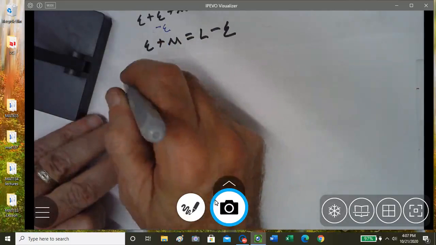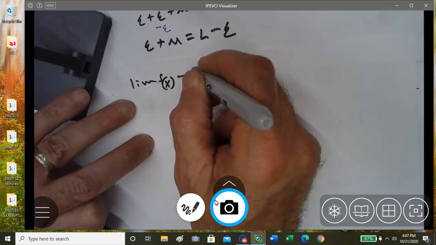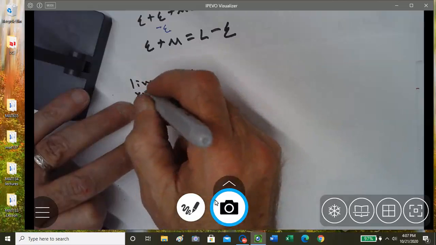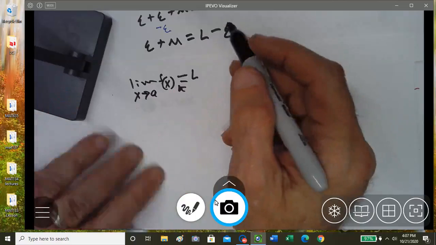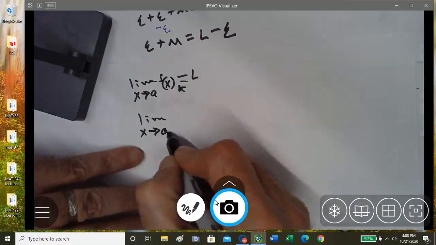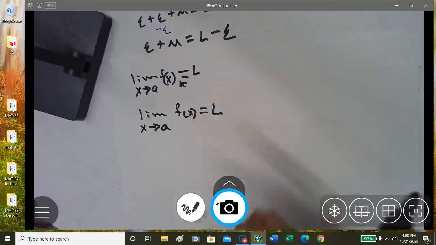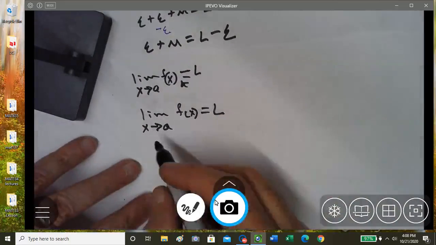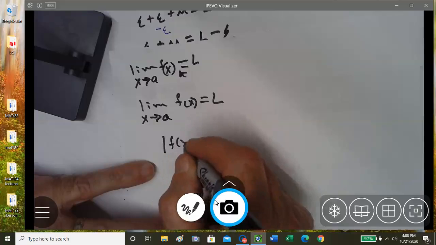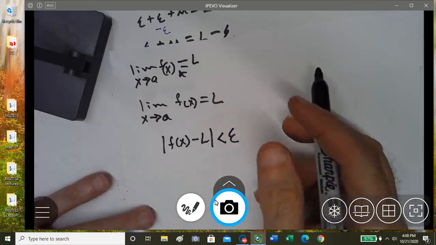We know that the limit of f of x as x approaches a equals L. So we also know that the absolute value of f of x minus L is less than epsilon.